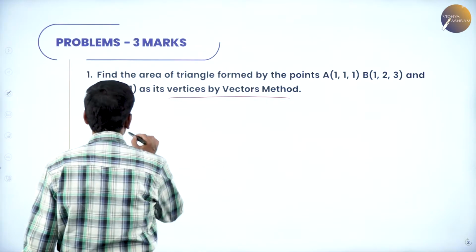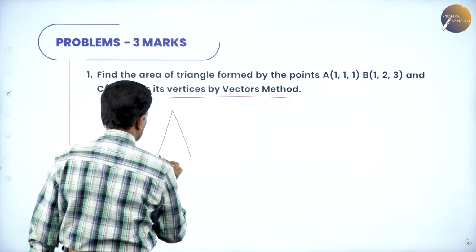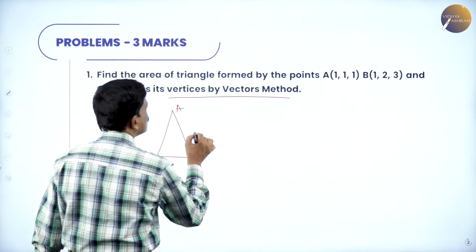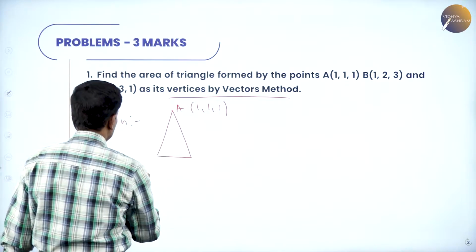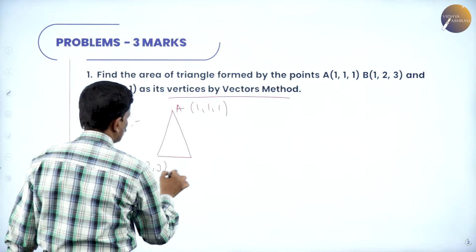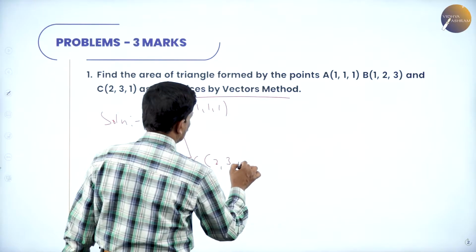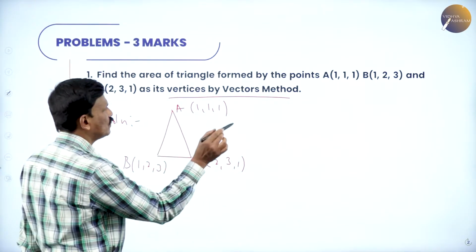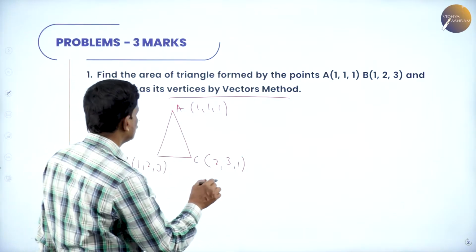Now let us write the solution. Now construct the triangle. This is a triangle whose vertices are A 1, 1, 1 and B is equal to 1, 2, 3 and C is equal to 2, 3, 1. These are the vertices A 1, 1, 1, B 1, 2, 3 and C 2, 3, 1.